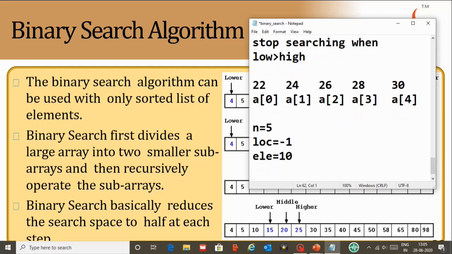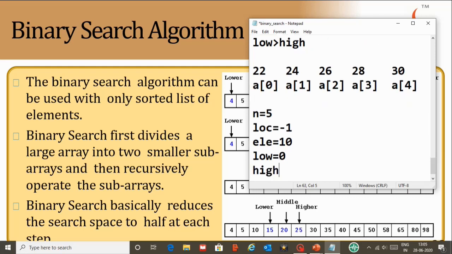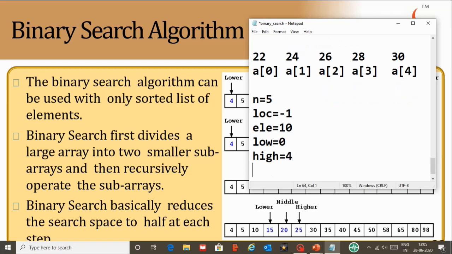To begin with, what will be the low value? Low is equal to the index value of the first element in the list, that is 0. High is equal to the index value of the last element in the list, nothing but 4. Please make a note of this, then we'll continue. What is the search element? Search element is 10. Low to begin with is 0.